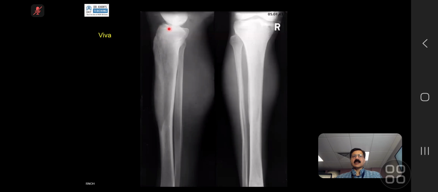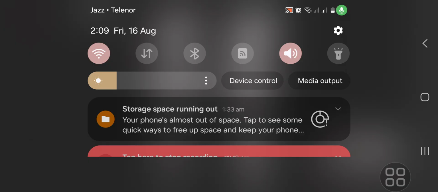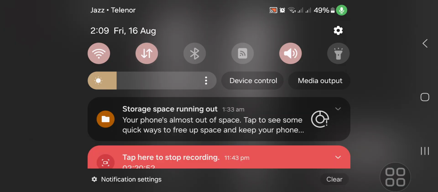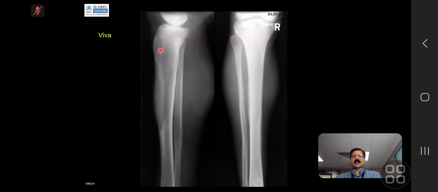At times, it can extend to the subchondral portion, but it usually goes till the tibial tuberosity. Otherwise, in long bones or tubular bones, you will see it go till the end of the bone, the subchondral portion or the epiphysis, whatever you want to call it.